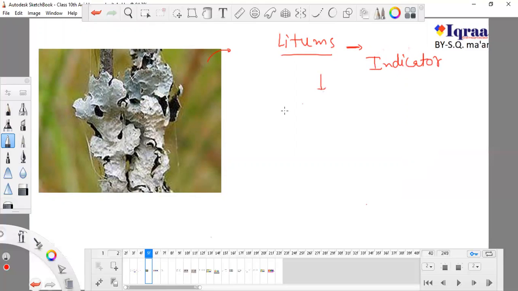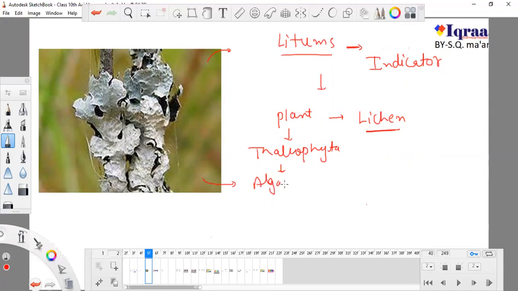We obtain litmus from a plant which is known as lichen. So litmus is an indicator, and we can obtain it from the plant known as lichen. The plant is known as Thallophyta. You studied in 9th class what Thallophyta is. Exactly, lichen is algae and fungus. Its pH is 7.